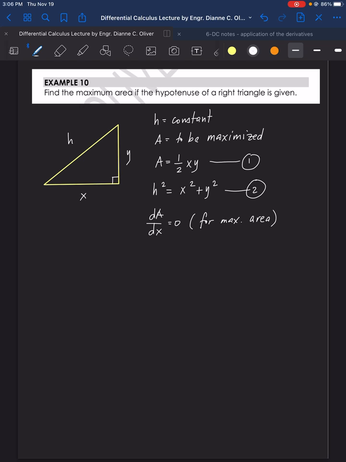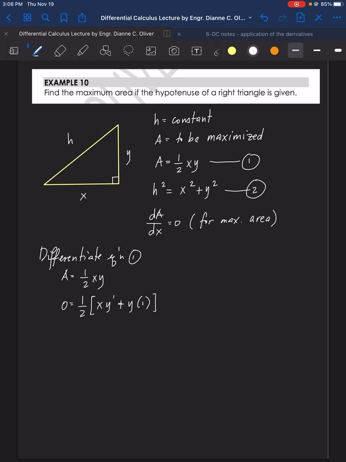area. Next, differentiate equation 1. So equation 1 is A equals 1/2 xy. dA over dx is 0. 1/2 then x times y prime plus y times 1.